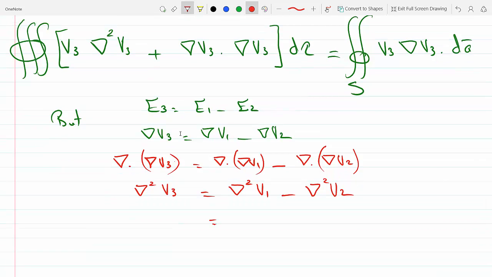Okay, now what's the Laplacian of V1? The Laplacian of V1 is, if you remember, minus rho over epsilon, right?